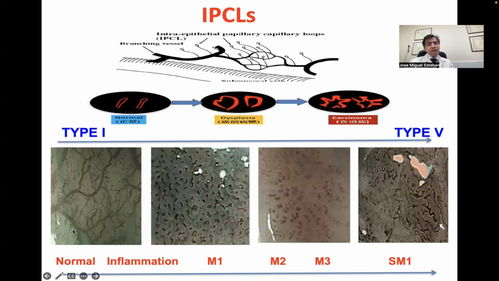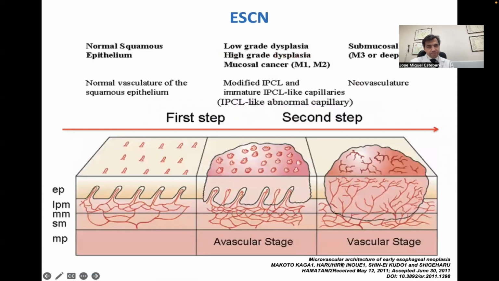And depending on the vessels, you will presume if the affection is deeper or not, just within inflammation. And depending on how it goes to deeper affection with large microvessels, you will determine that the carcinoma goes deeper. And why this?